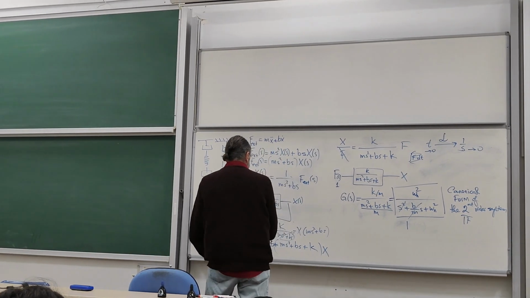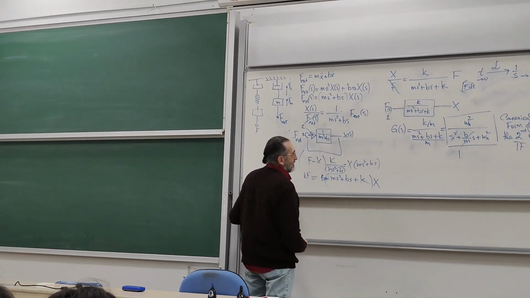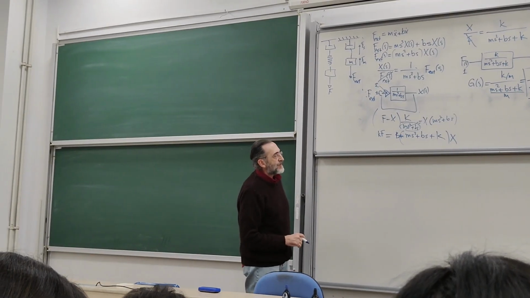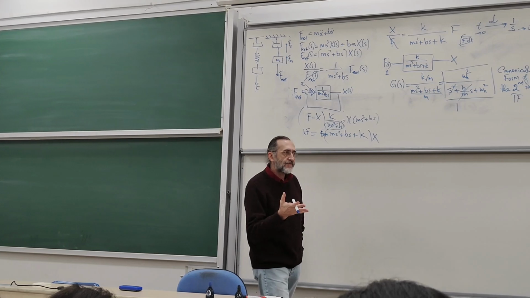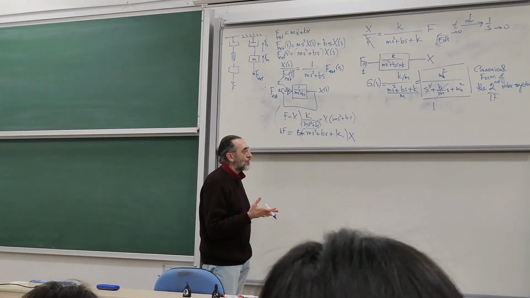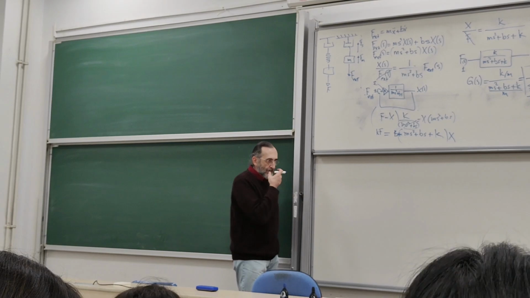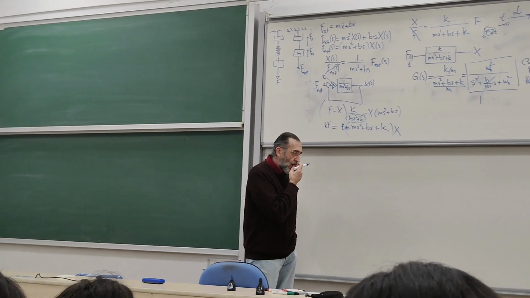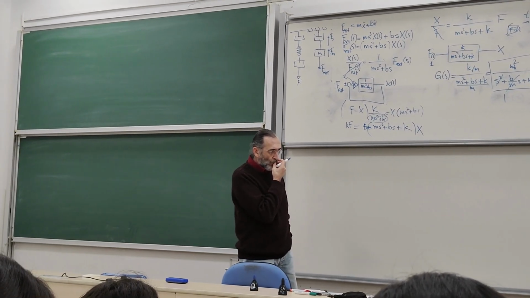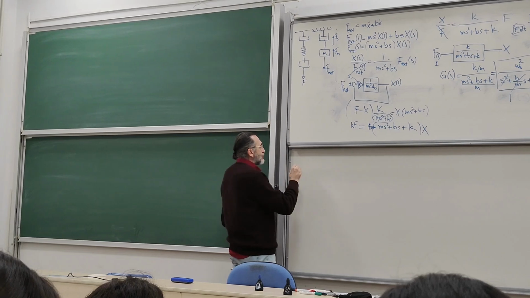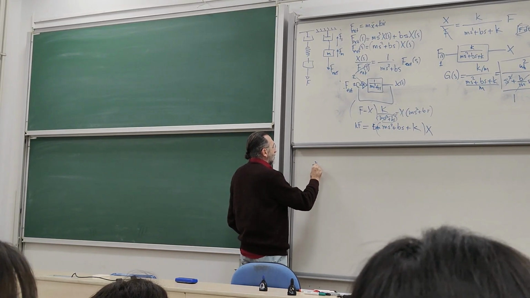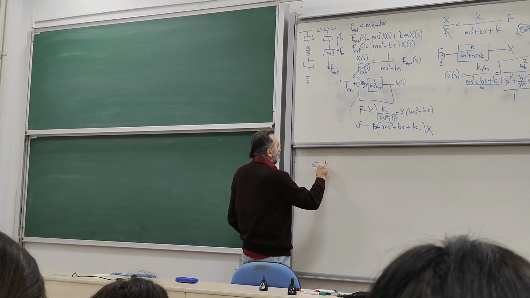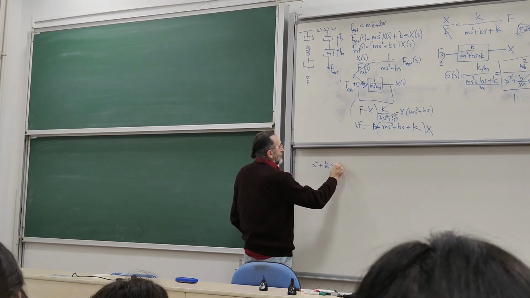So after having said that, let's look into that system and its response to various inputs. First of all, I want to see its roots: s squared plus b over m s plus omega n squared.